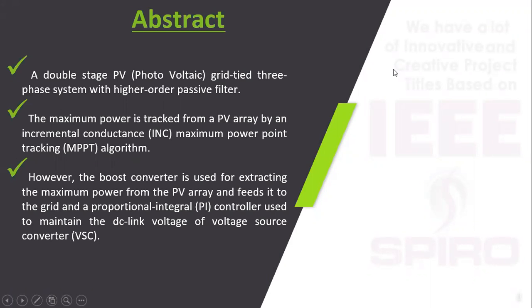Actually, in a PV grid type of system, the PV is connected with the grid. In between, the thumb rule is that to connect the PV we need a boost converter, and to connect to the grid we have to convert DC to AC, so inverter operation is also there.